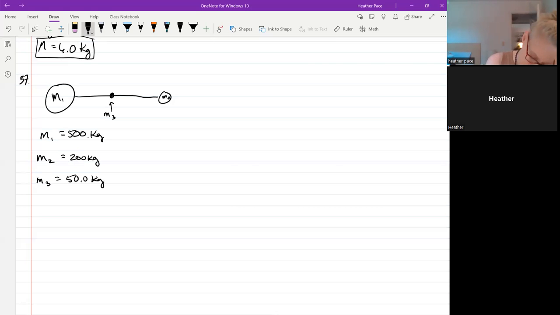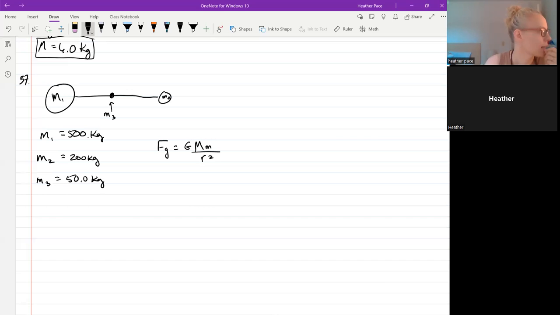We know this principle. The gravitational force is G, which is the gravitational constant, times the large mass, times the smaller mass, divided by r squared, or the distance between them.